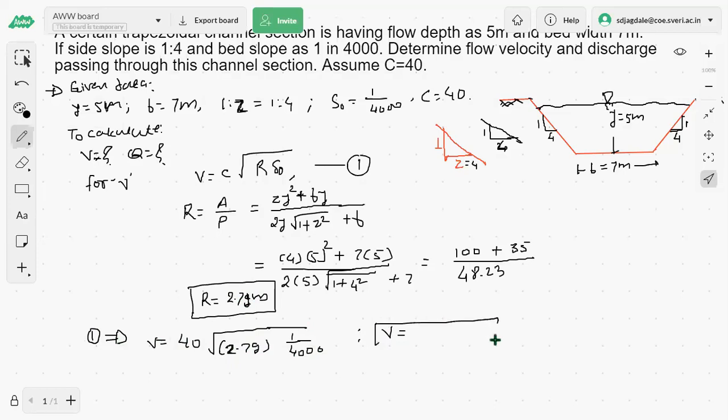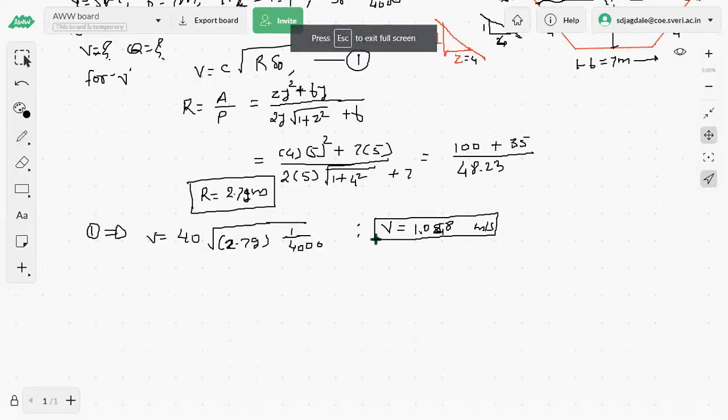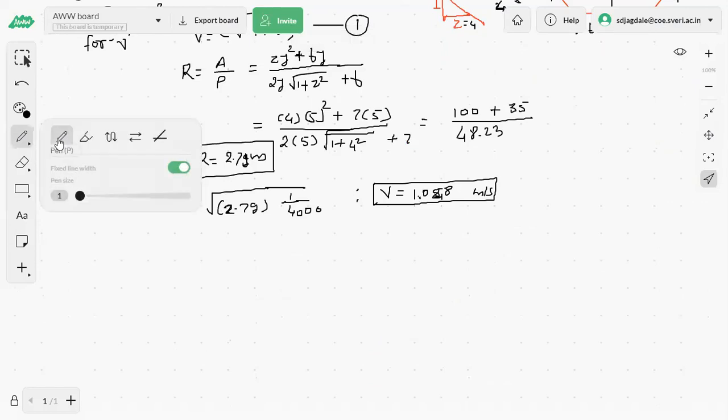How many meters per second? Now we get the velocity as 1.05 or 0.48 meter per second. Now from this velocity we have to find out the discharge passing through this channel section.